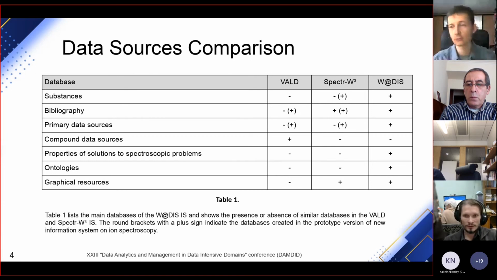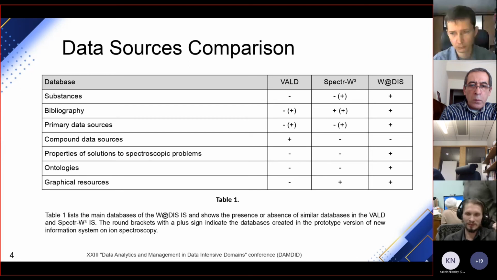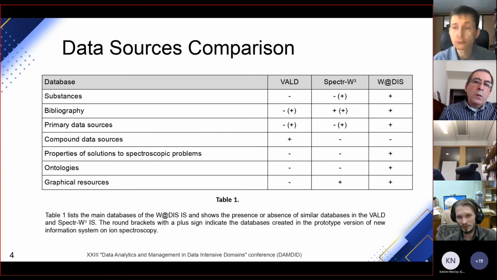Spectre W3 is slightly less, and VALT is much less. In the round brackets, you see the type of tasks we are implementing for the VALT and Spectre W3 systems in our systems now.